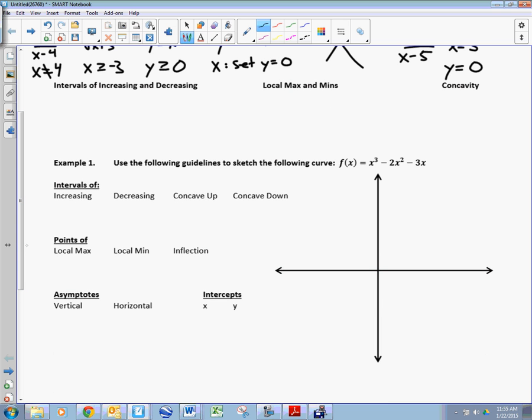Intervals of increasing and decreasing. Increasing is where f prime of x is what? Greater than 0. Decreasing, f prime of x is less than 0.